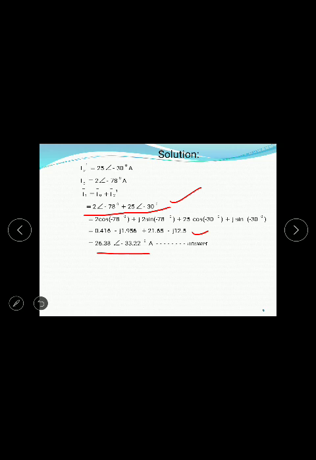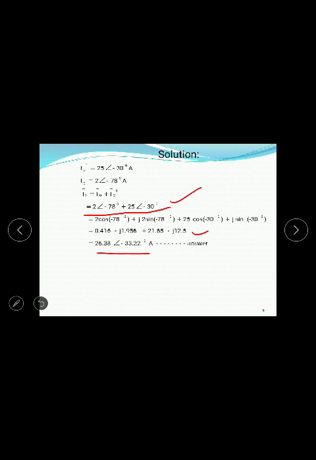Here I0 is 2 angle of minus 78 degrees plus I2 dash is 25 angle of minus 30 degrees. 2 cos minus 78 degrees plus j 2 sin minus 78 degrees plus 25 cos of minus 30 degrees plus j 25 sin minus 30 degrees.